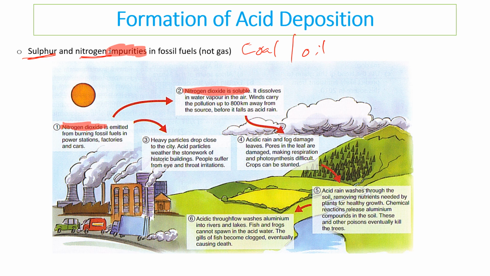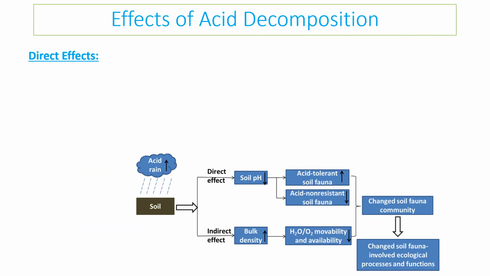It will then dissolve into the water in clouds, and nitrogen dioxide will become nitric acid, and sulfur dioxide will become sulfuric acid, and then that acid rain will fall as normal when rain would fall. That then goes into the trees, into the rivers, and into buildings, and can cause problems.